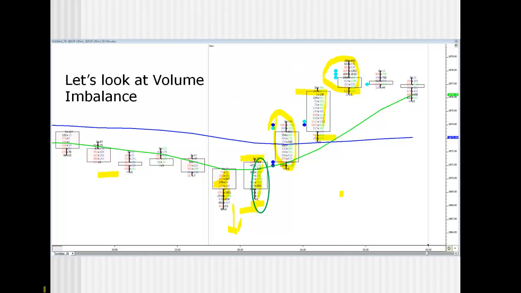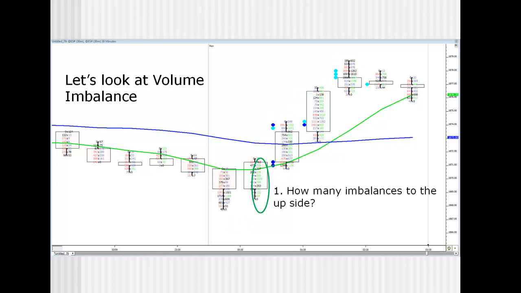And what I want to do first is focus your attention. When we're doing our analysis on the volume imbalance, there are really two key things that we want to focus on. The first is how many imbalances in the period, how many imbalances are to the upside, relative to how many imbalances to the downside.